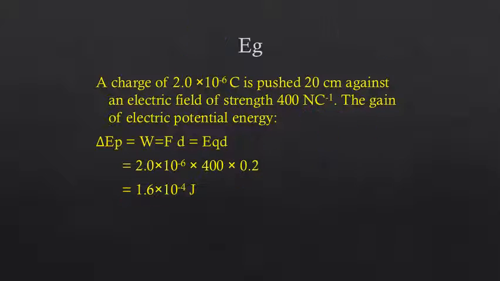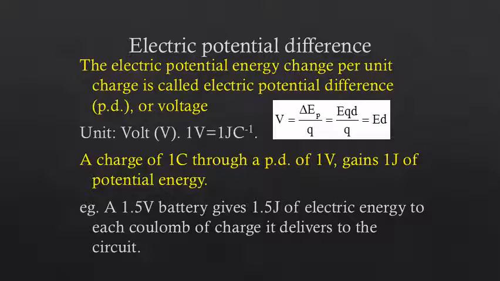Okay, so let's move on to the idea of electrical potential difference. Now remember, I did mention voltage. Just to end the lesson, I'm now going to link the potential energy to voltage. The electrical potential energy change per unit charge is called the electrical potential difference. So you may have heard that previously, but you're very familiar probably with the idea of voltage.